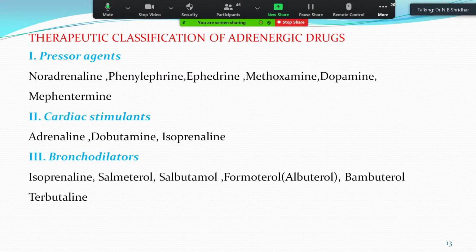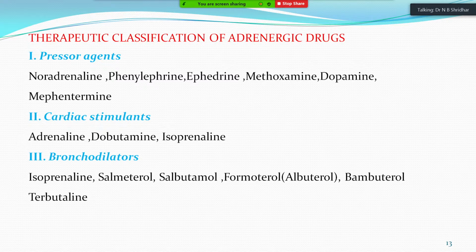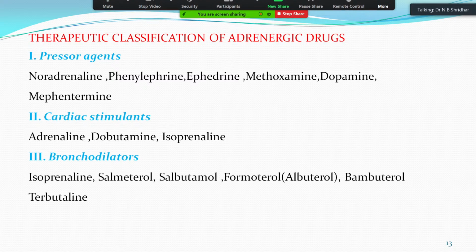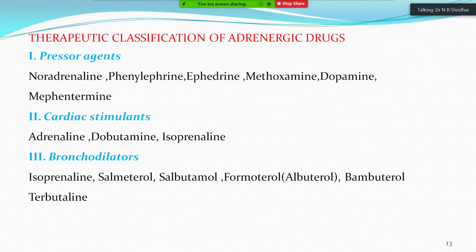So number one is the pressor agents, meaning the drugs that increase the blood pressure. They are known as pressor agents. Here remember the drugs: noradrenaline, phenylephrine, ephedrine, methoxamine, dopamine and mephentermine. Same as directly acting drugs.